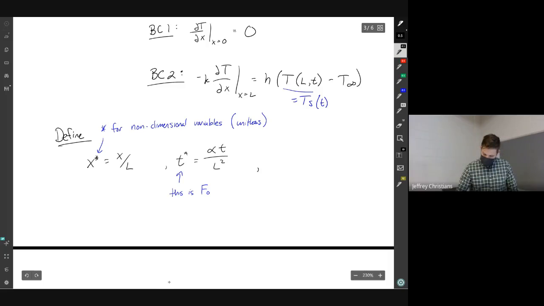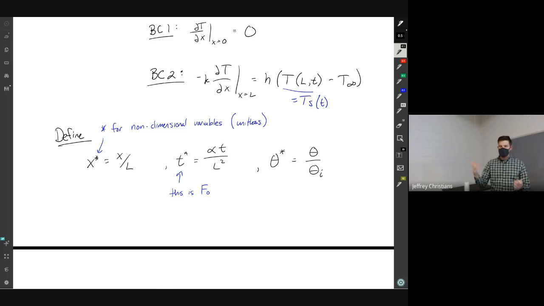And then we define theta star, which is equal to theta over theta I. So again, you can think of these as like the percent. We'll see the non-dimensional time isn't a percent, it doesn't go from 0 to 1, it goes to whatever value. It can go up to like 100. So that's the one that doesn't go from 0 to 1.